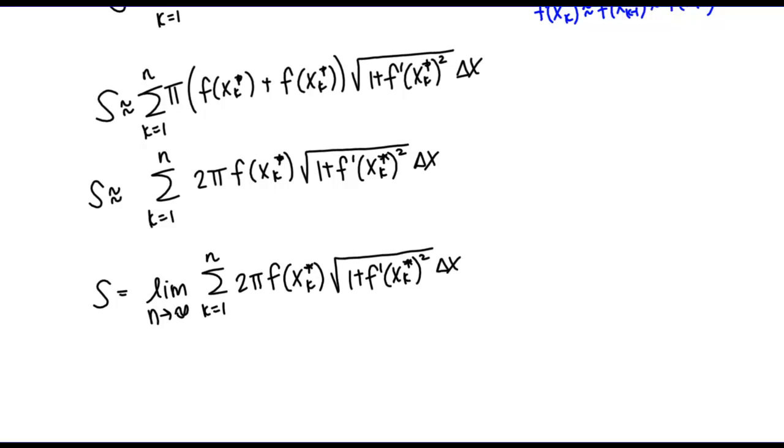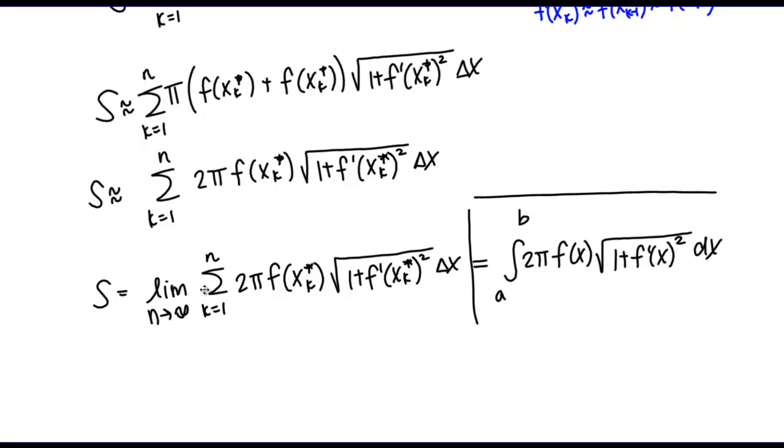And just like I've done in the past, I can write this expression, this limit of this sum, as a definite integral, and that's going to be the definite integral from a to b of 2 pi f of x times the square root of 1 plus f prime of x squared dx. And this gives us a formula that will allow us to find surface area for any f of x with a continuous first derivative when that curve is revolved around the x-axis.